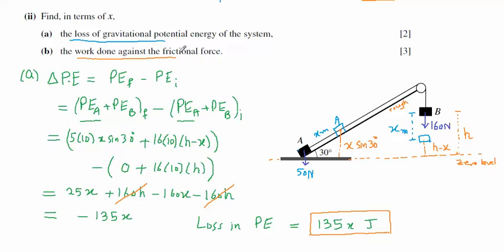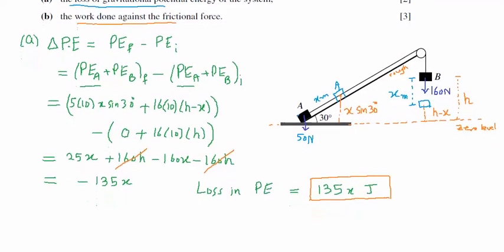Then simply we use work is equal to force times distance. Here the friction force is not given, but we have the information through which we can find the friction. Then simply friction multiplied by the distance moved x will be the work done against the friction. Okay, so let's do this part.